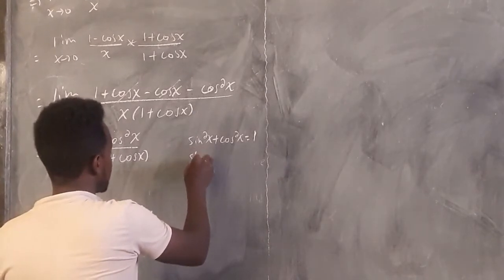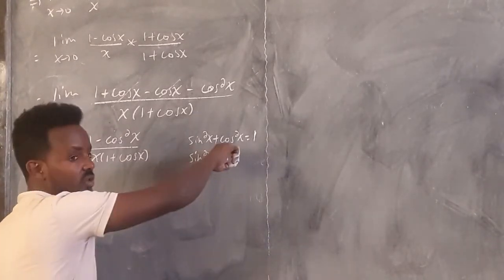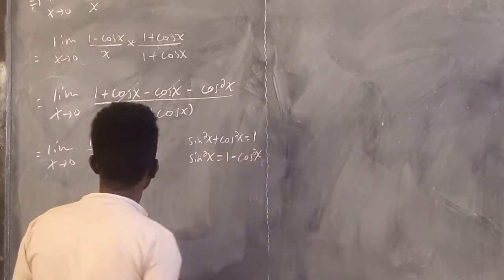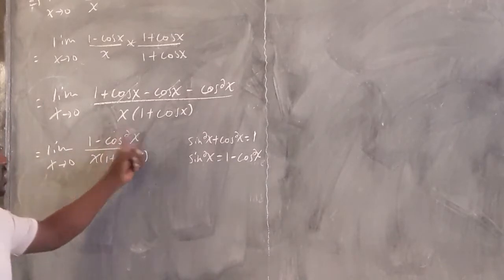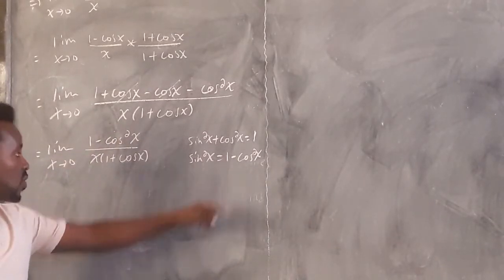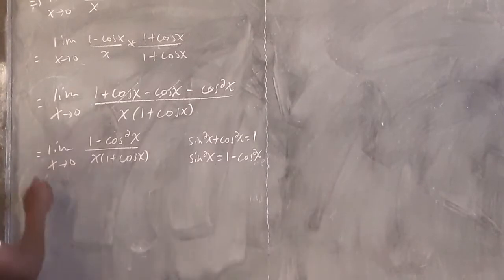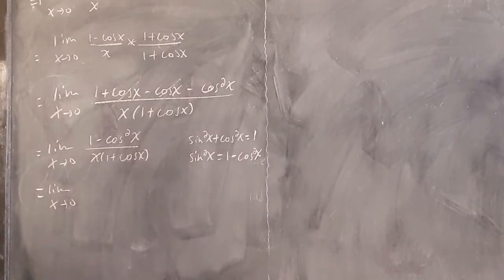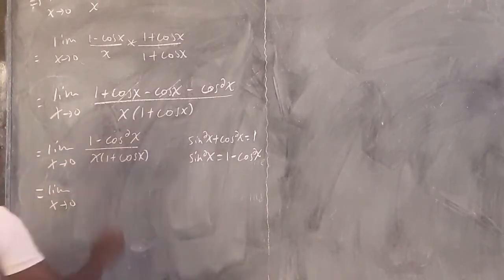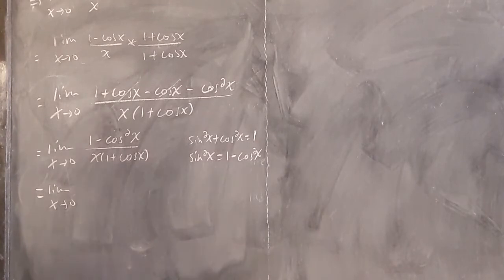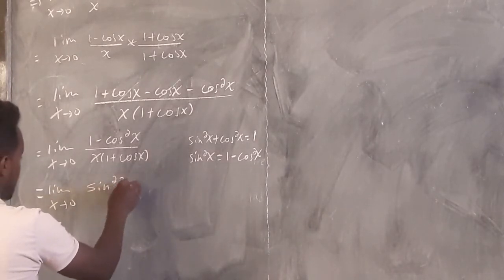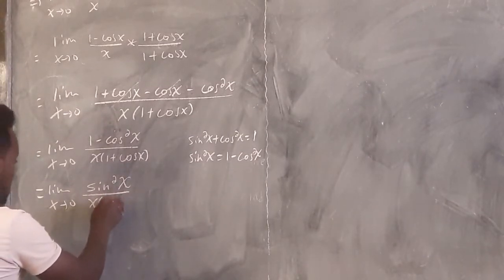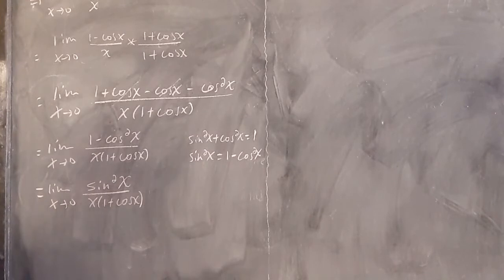If we shift cos square x to the right hand side, sin square x is 1 minus cos square x. So we can substitute 1 minus cos square x as sin square x, giving sin square x over x times 1 plus cos x.